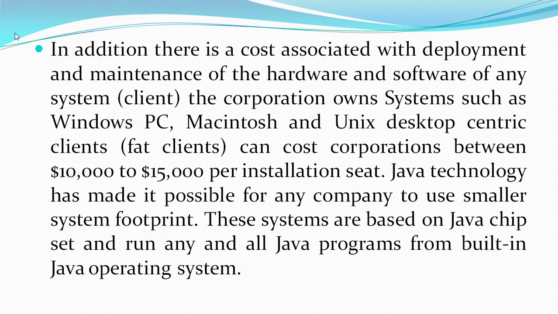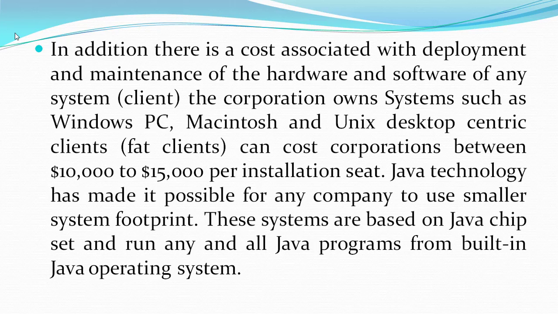In addition, there is a cost associated with deployment and maintenance of the hardware and software of any system that is a client. The corporation owns systems such as Windows PC, Macintosh and Unix desktop-centric clients.